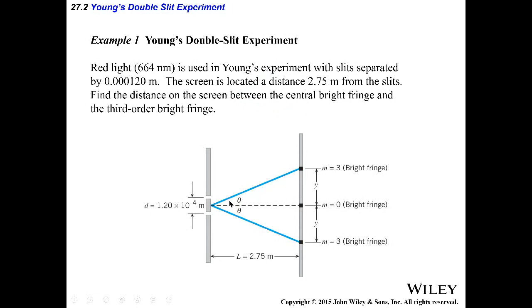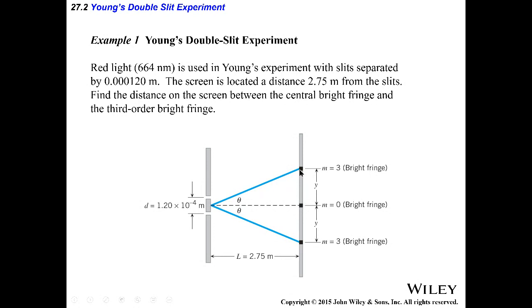There's a bright fringe in the middle because the light that goes through this slit and the light that goes through this slit are in phase, because they came from a coherent source, and therefore they will be bright.